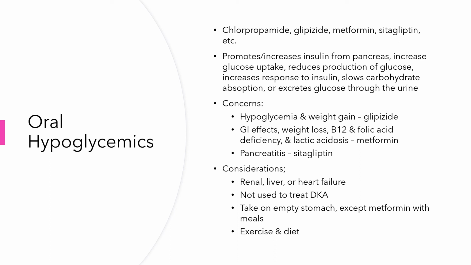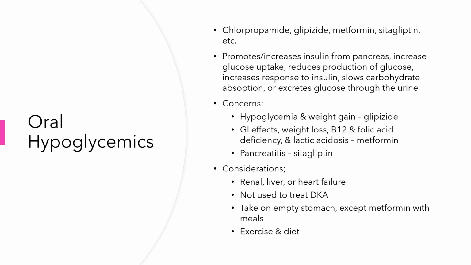Oral hypoglycemics. These are pills that are going to decrease their glucose level as well, but not insulins. So examples are going to be like listed here: chlorpropamide, glipizide, metformin, and sitagliptin.